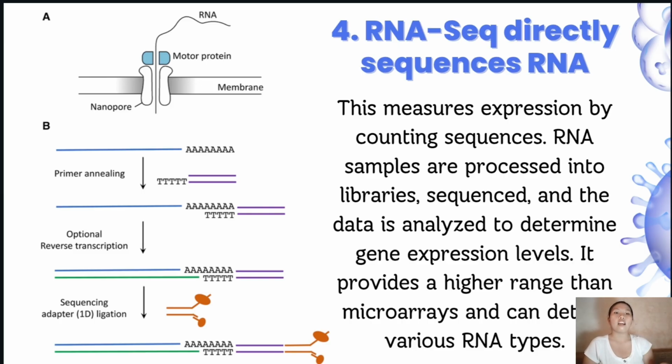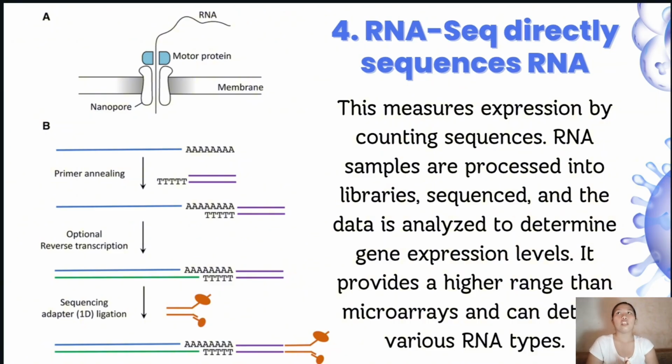So instead na tinitingnan lang yung specific genes, dito sa process na ito, they sequence every piece of the RNA in the sample at binibilang nila ito. And it is more accurate than microarrays and can find new undiscovered types of RNA, but it comes at a higher cost and requires more computational resources.